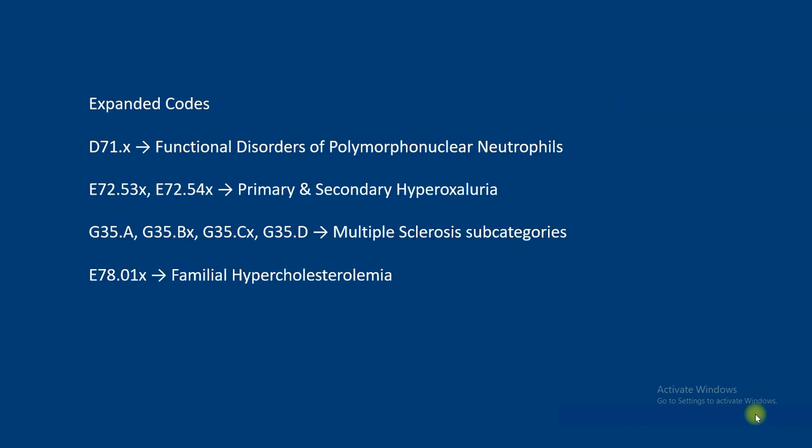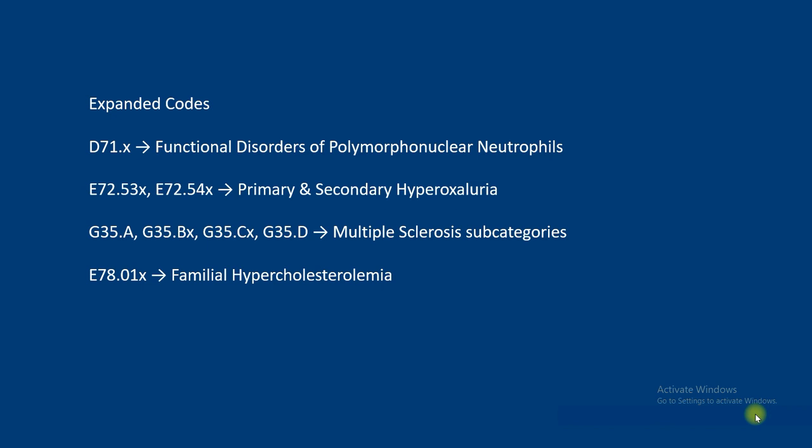And we have a few expanded codes exclusively related to HCC coding, which are D71.XXX, functional disorders of polymorphonuclear neutrophils. Expanded code means we already had these codes, but they have been expanded by providing more characters.